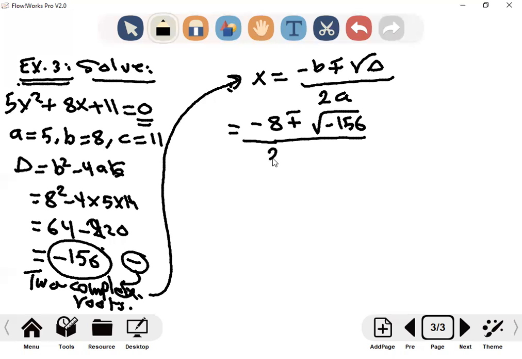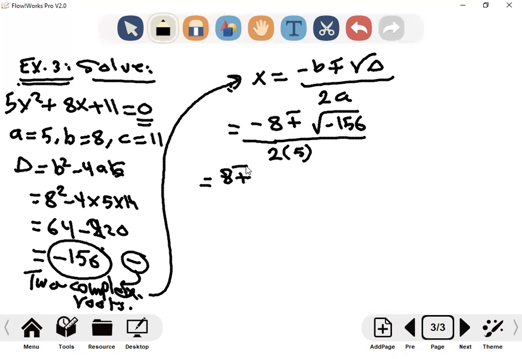First step, check if there is a square root of 156 without negative or decimal. Decimal. So it's not a complete square, this 156.